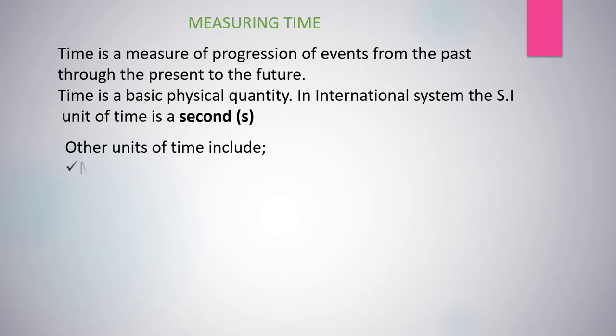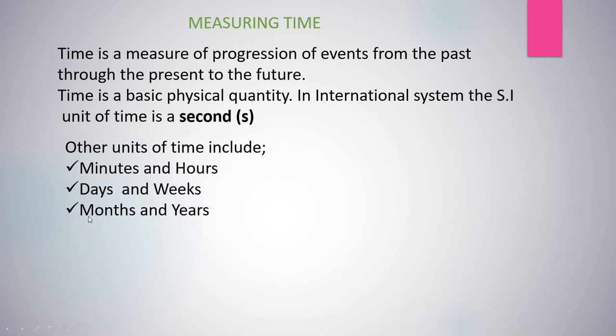We have minutes, we have hours, we have days, we have weeks. Many more. We have months, we have years, and increasing the years, we have decades, jubilee, century, a millennium. All these are units of time.